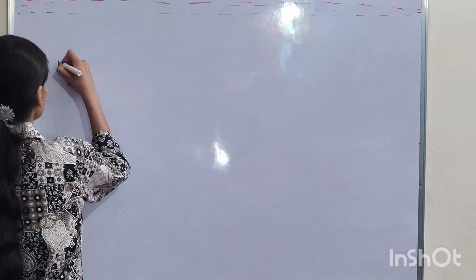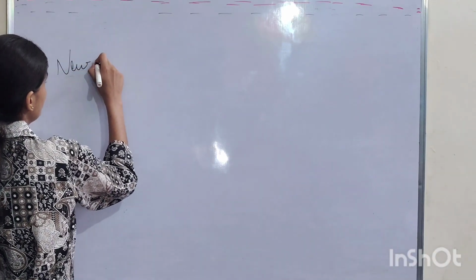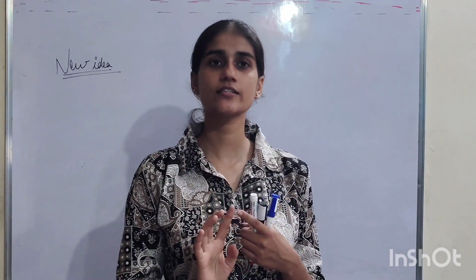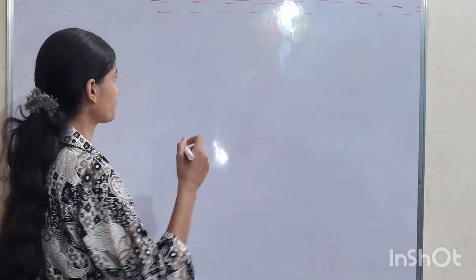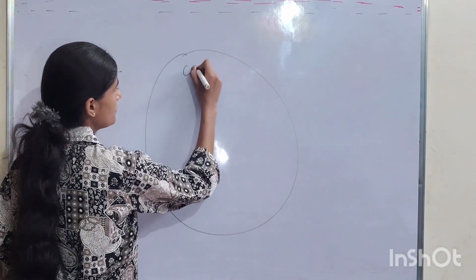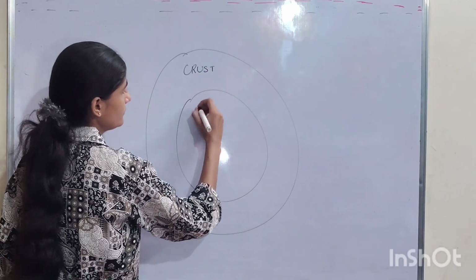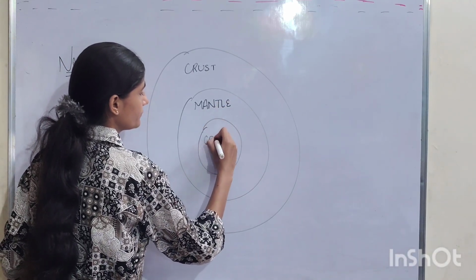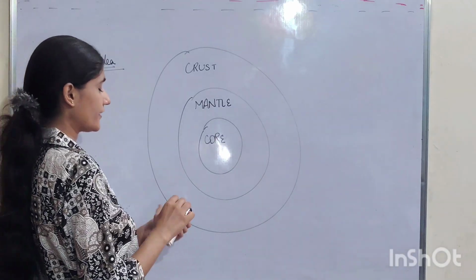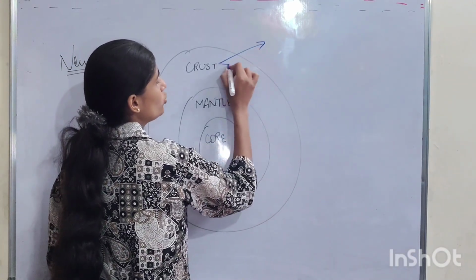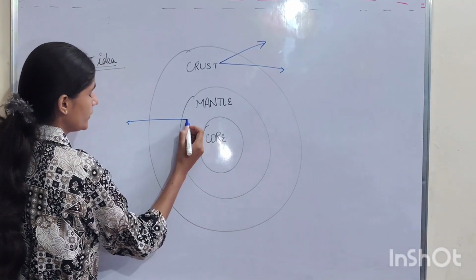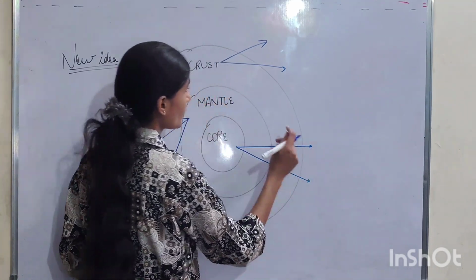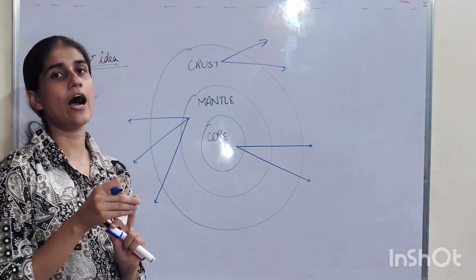Okay, so a new idea came. It said that the earth is divided into 3 layers, 3 parts: crust, mantle and core. So let's see. This is crust, mantle and core. So it is said that crust is further divided into 2, mantle is further divided into 3, and core is further divided into 2. So crust is divided into continental crust and oceanic crust.